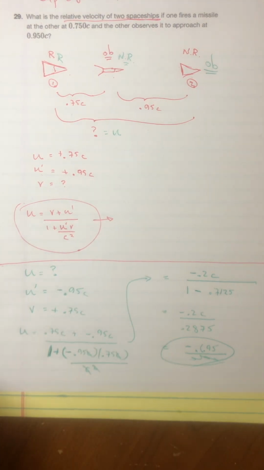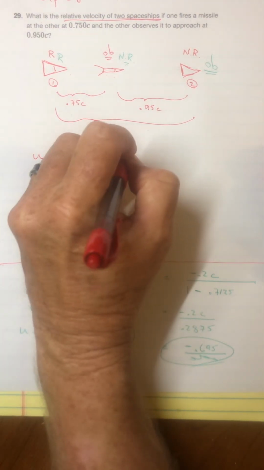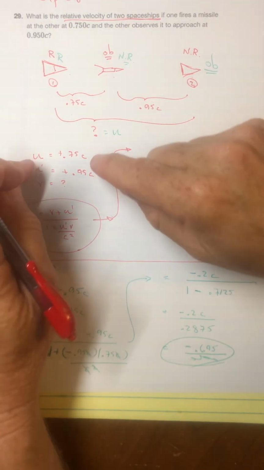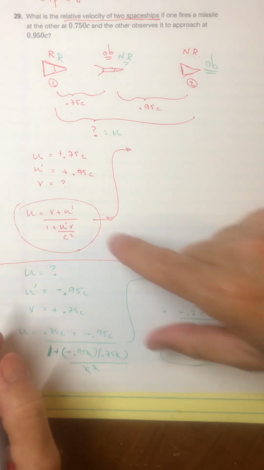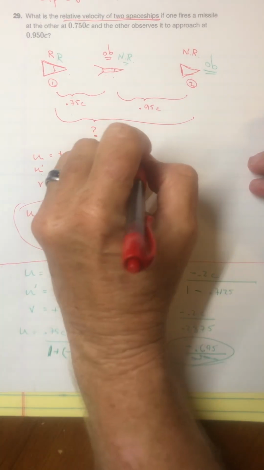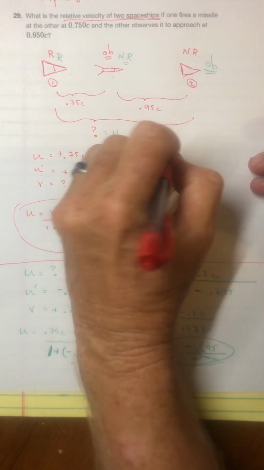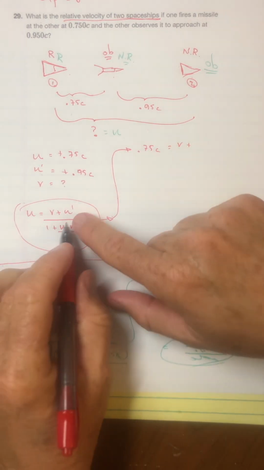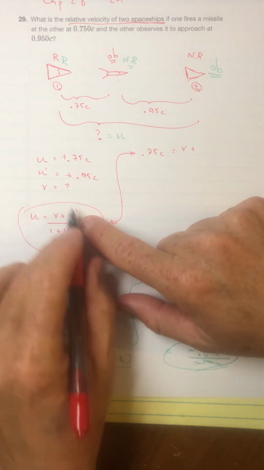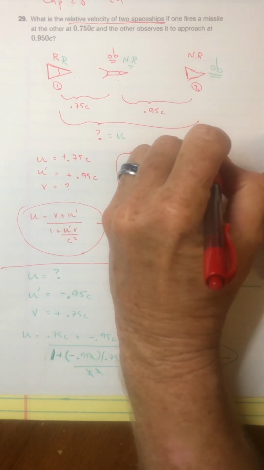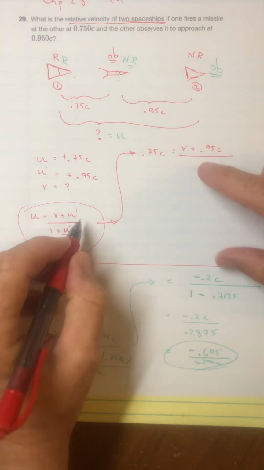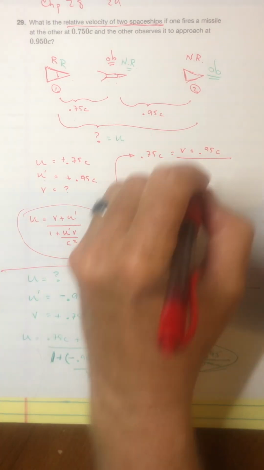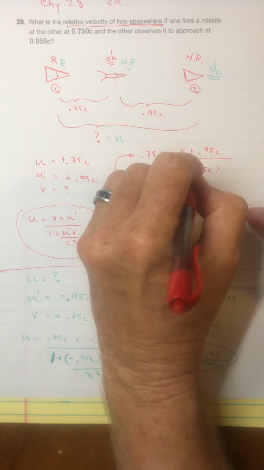Now, just for completeness, maybe I'll come over here and show you where the conceptual one is easy, but the math is a little bit harder. And so if we plug this stuff in, we have 0.75c here for the u. The v is the unknown. The u prime is 0.95c. And then we get 1 plus, and the u prime is 0.95c.